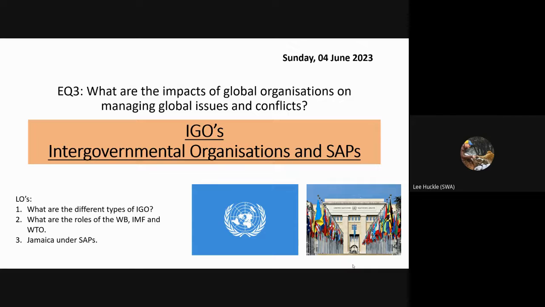Again, a really good synoptic link here to the globalisation unit. 3 areas: what are the different types of IGO? What are the roles of the World Bank, the International Monetary Fund, and the World Trade Organization? Which are the main economic IGOs? And then looking at an example where structural adjustment programs through the IMF and World Bank were implemented upon Jamaica.